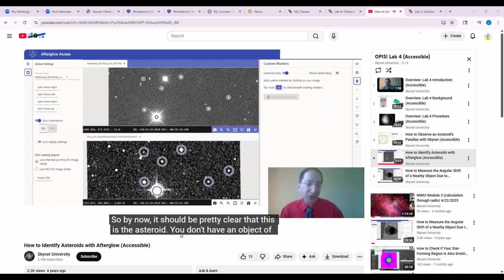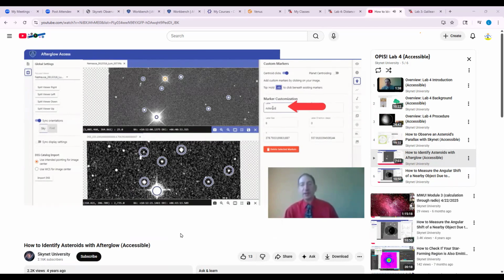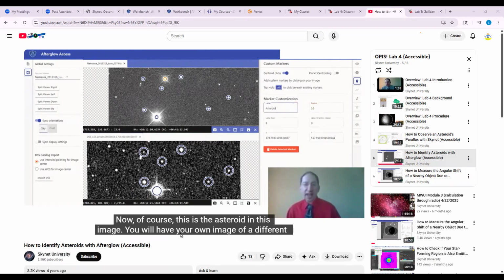By now, it should be pretty clear that this is the asteroid. You don't have an object of comparable brightness at this location in the DSS. So let's click on it again and label it. Now, of course, this is the asteroid.